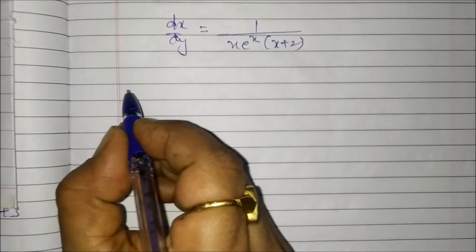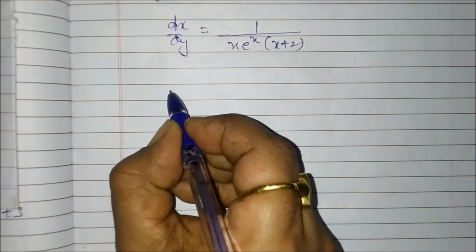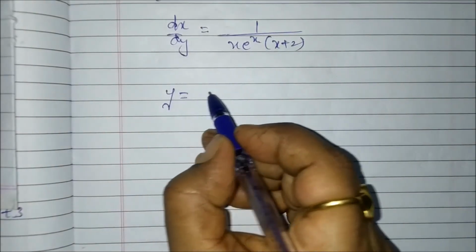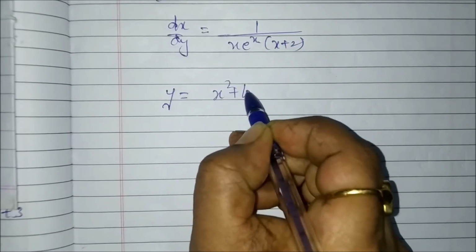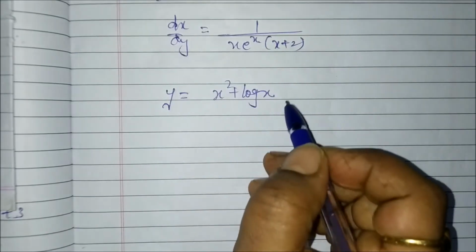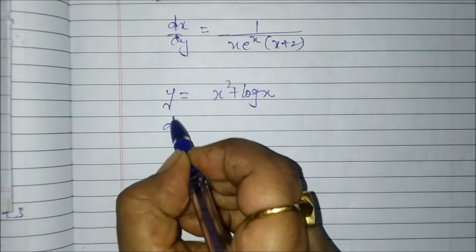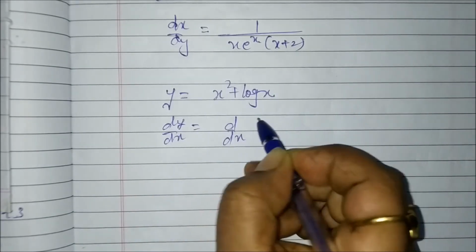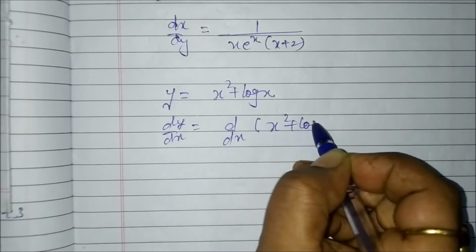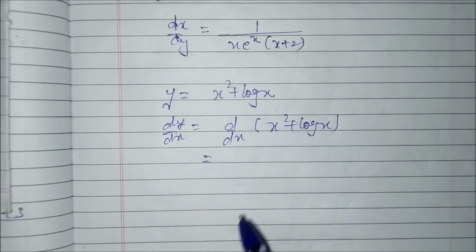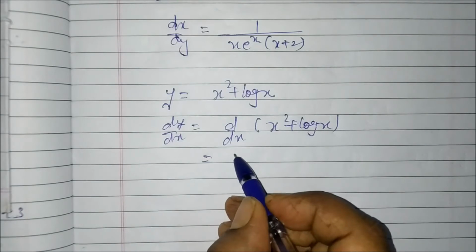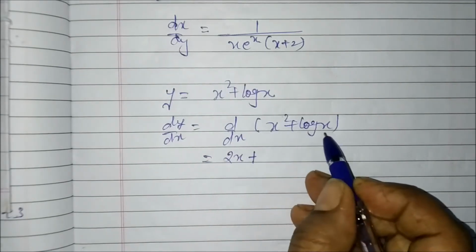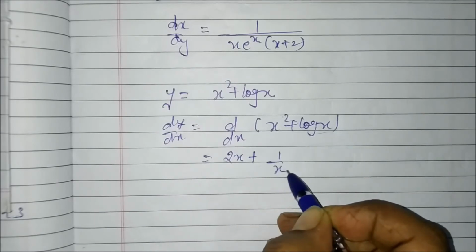Now the next function is y equals x square plus log x. Doing it the same way, first we'll find dy by dx, then d by dx of x square plus log x. So the derivative of x square is 2x plus the derivative of log x is 1 by x.